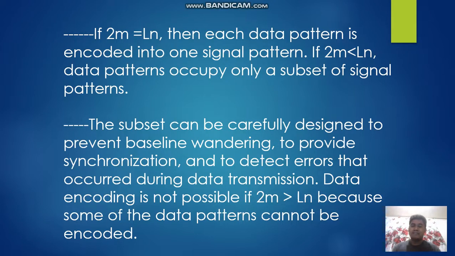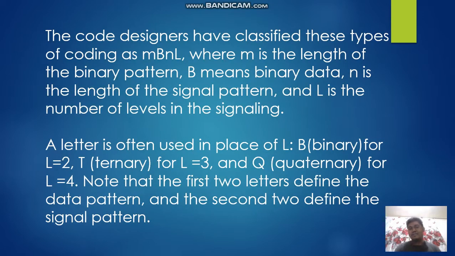The subset can be carefully designed to prevent baseline wandering, to provide synchronization, and to detect errors that occur during data transmission. Data encoding is not possible if 2^M is greater than L^N, because some of the data patterns cannot be encoded.